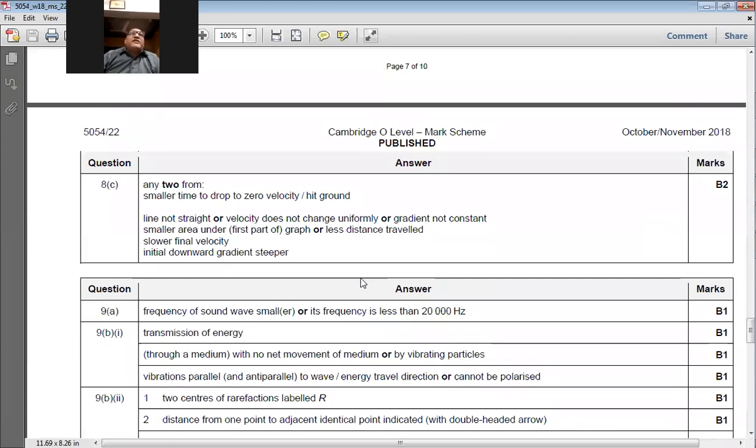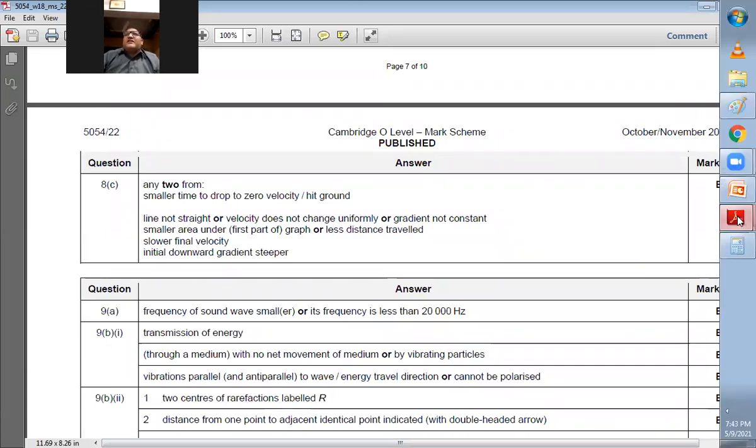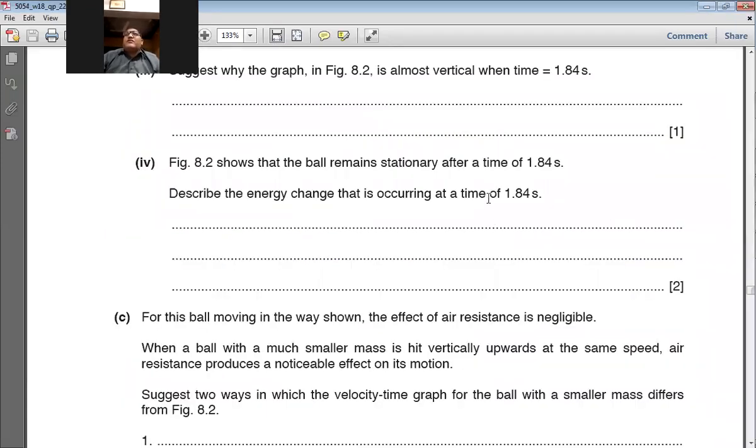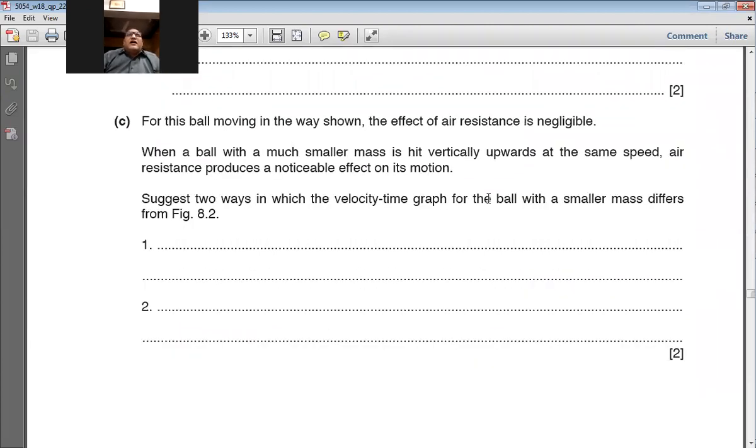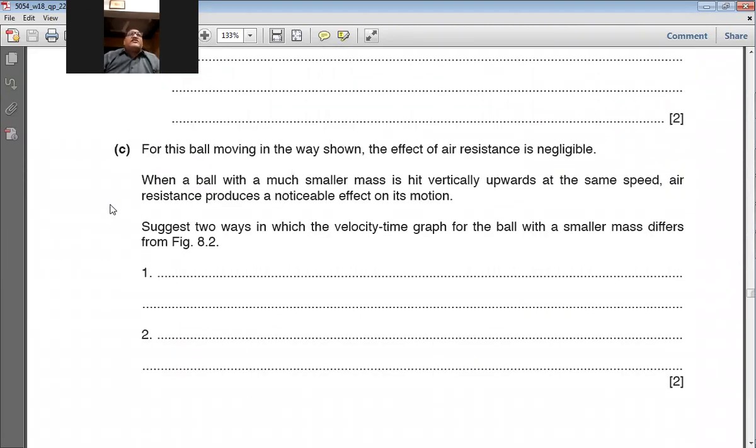Okay, so we are moving to question number 8C part, and let's see what the question has got. For this ball moving in the way shown, the effect of air resistance is negligible. When a ball with a smaller mass is hit vertically upward at the same speed, air resistance produces a noticeable effect on its motion.